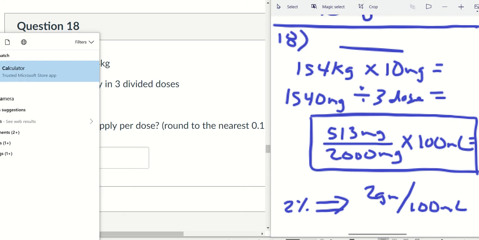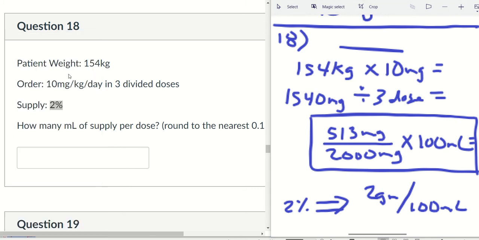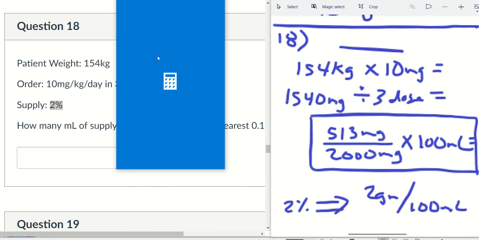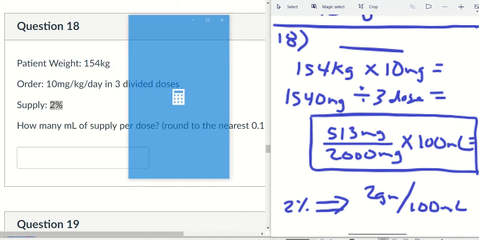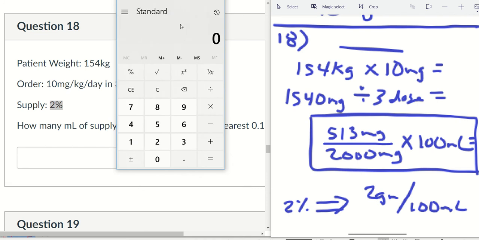So let me punch this in for you guys so you don't get any rounding errors. Alright, calculator. Are you alive? There you go. Alright, so let's see here.